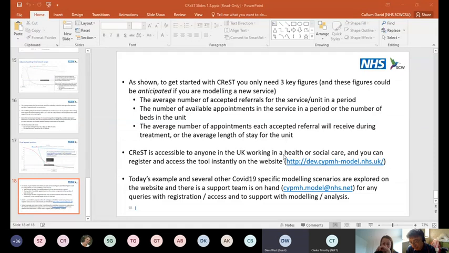No, I'm just trying to, we've done some modeling like this before, not this sophisticated, but what we find is that we can model the up to the first assessment, but the impact on the whole of the team depends on whether or not you put your attention at the first assessment slot in terms of your capacity, and if you focus your attention there, of course, you then create a backlog further on down the pathway in terms of your treatment slots.